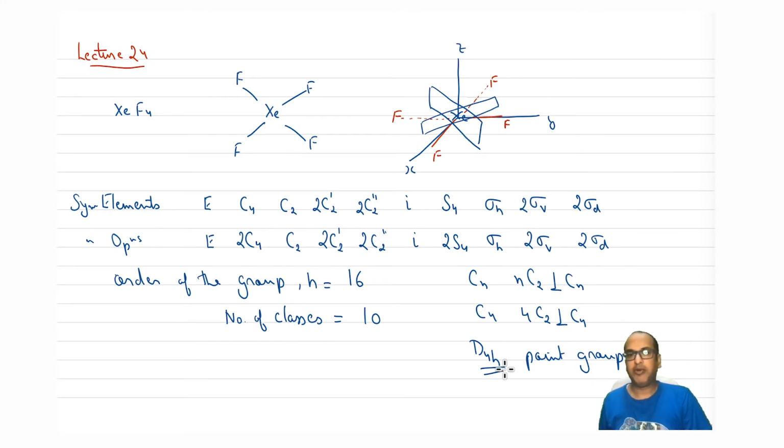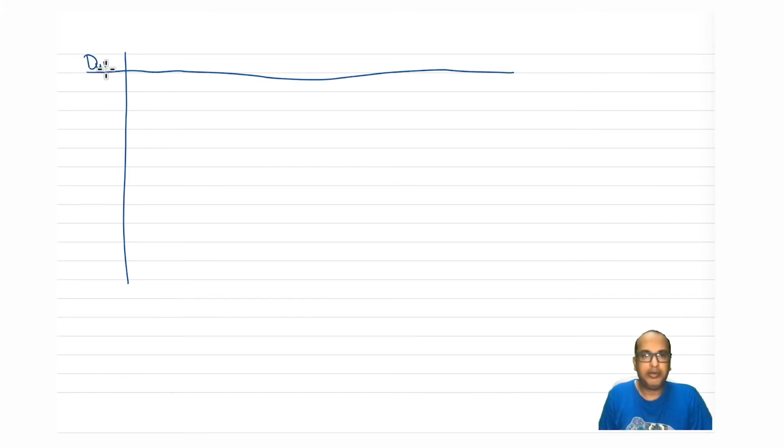Okay, so now that we have determined the symmetry operations present, the order of the group, the number of classes, and the D4h point group, let us see if we can write down the character table using this information. Let's go to writing the character table. So we have listed all of them, 1, 2, 3, 4, 5, 6, 7, 8, 9, 10, right?